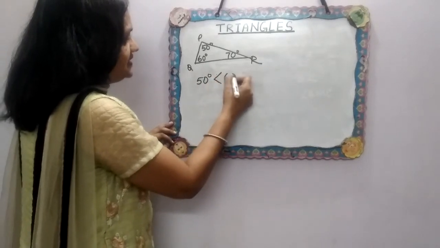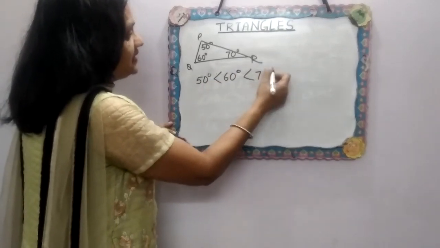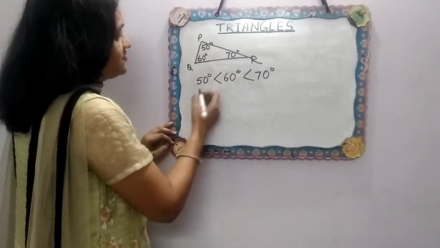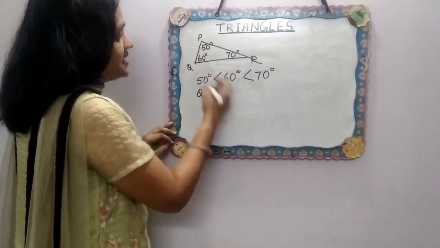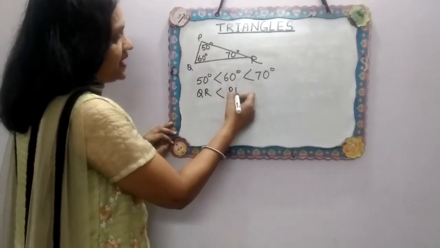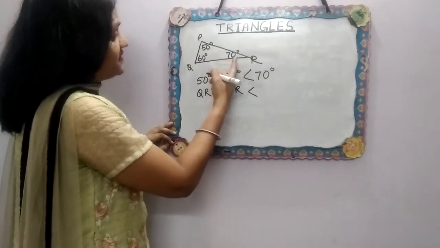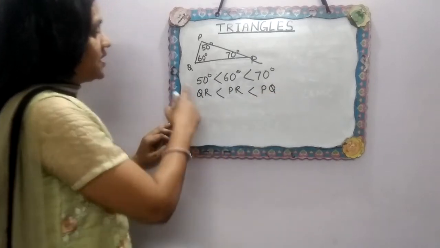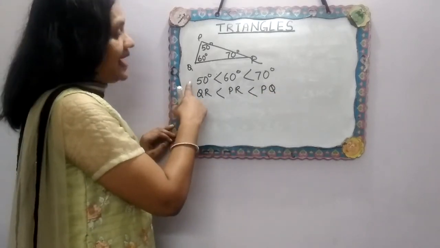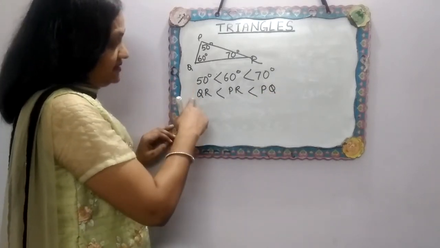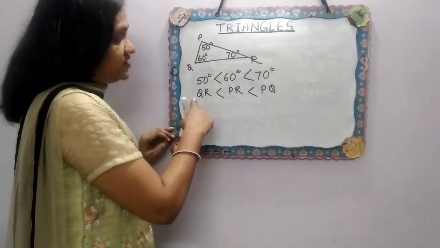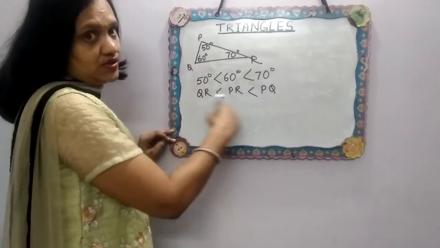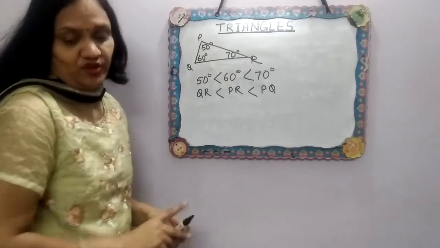Greater than this is 60 and greater than this is 70. Which is the side opposite 50 degrees? QR. Side opposite 60, PR. And side opposite 70 degrees is PQ. So, depending on the size of the angles, the lengths of the sides are also arranged in ascending order.